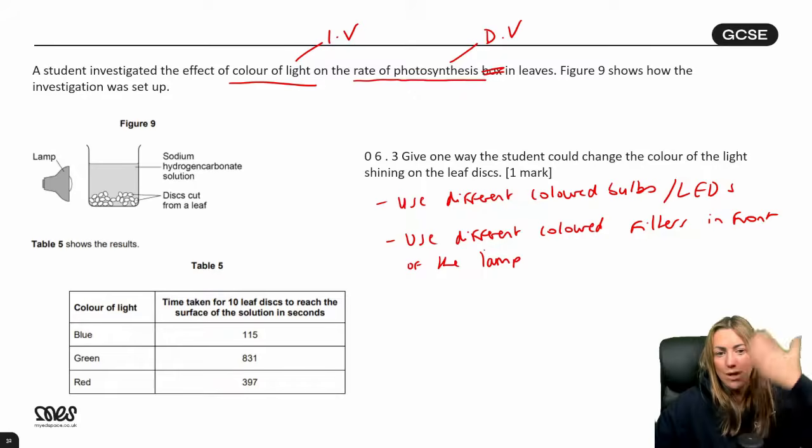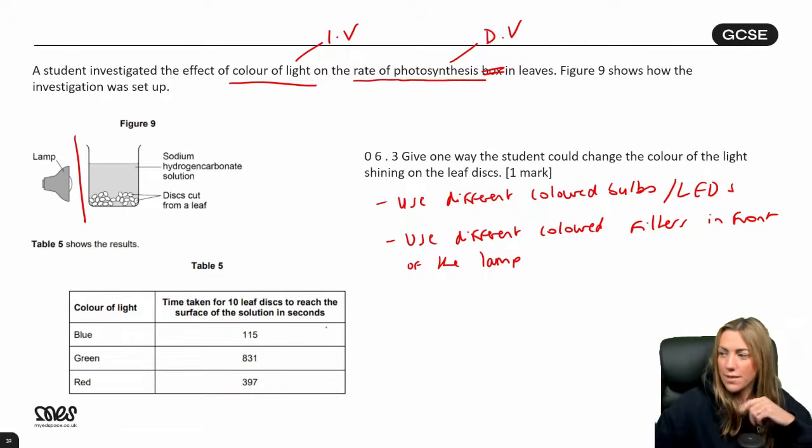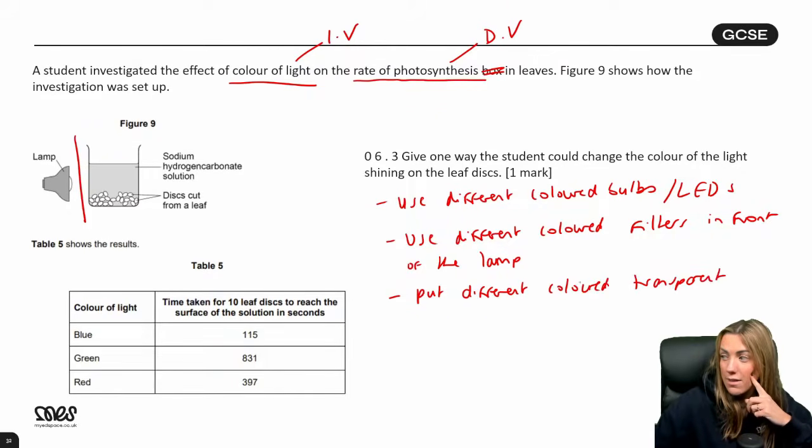So you could place a transparent filter, different coloured filters like here, to change the colour of the light, or put different coloured transparent material, like a really thin plastic or tissue paper, over the lamp.